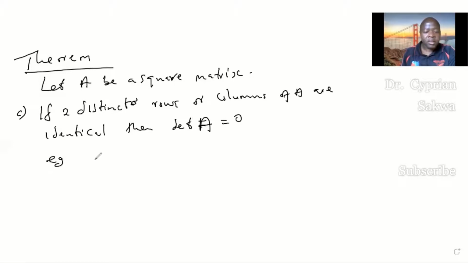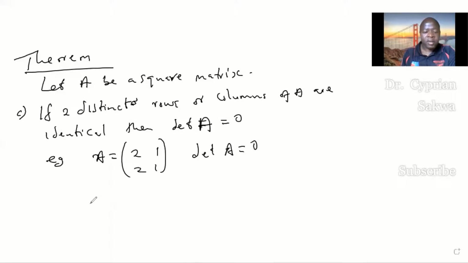Let me just show an example. Supposing I have A which is 2, 1, 2, 1, so that the first row and second row are equal. What will be det A? The determinant of A will be 2 minus 2, which is 0. So that's what I'm saying. Whether it's a 3 by 3 matrix, check and see if we have any two rows which are identical.